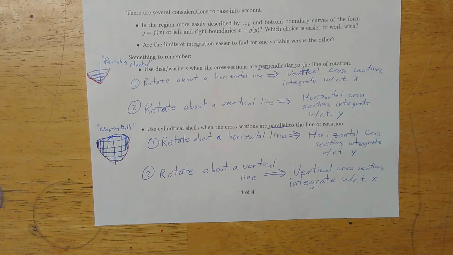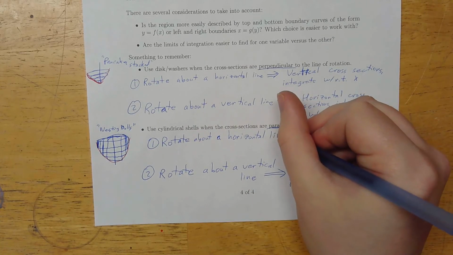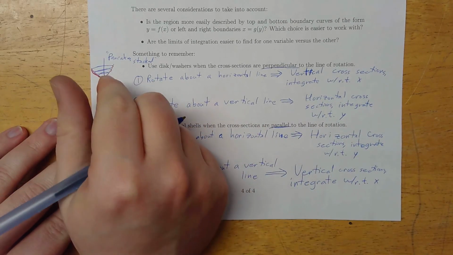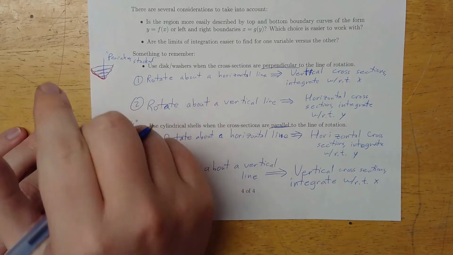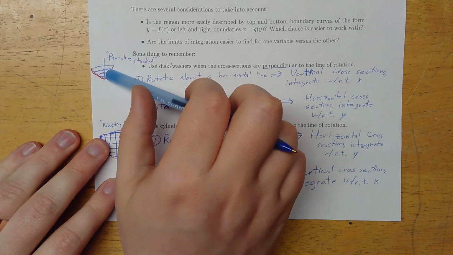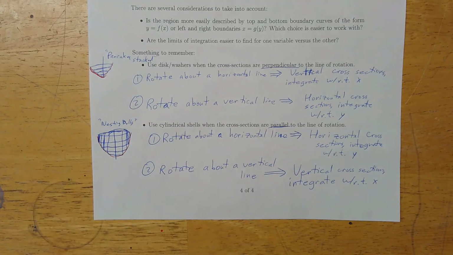Alright, so all that was a lot of writing. Again, what does it mean? Well, say we wanted to rotate around this vertical line here. When we're making our pancakes, all of our radii will come from having some value in terms of y instead.